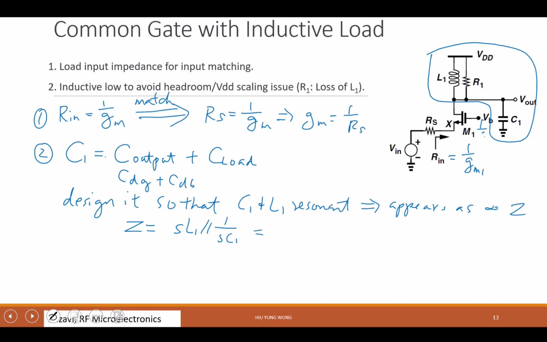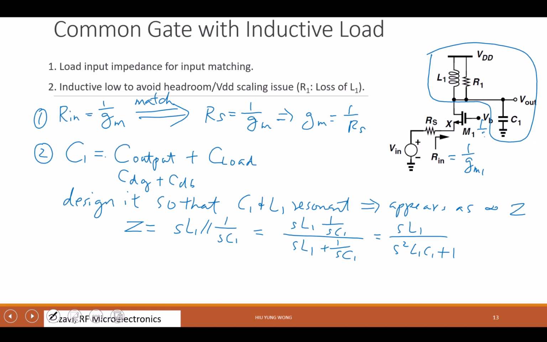We did that last time already, so this is good practice. This is equal to SL1 divided by S squared L1C1 plus 1.